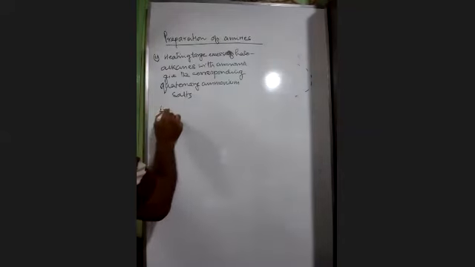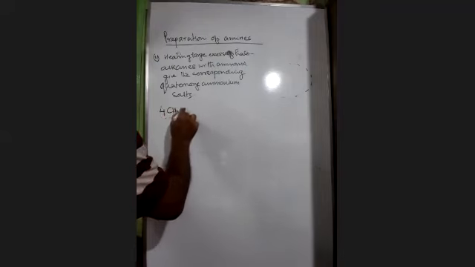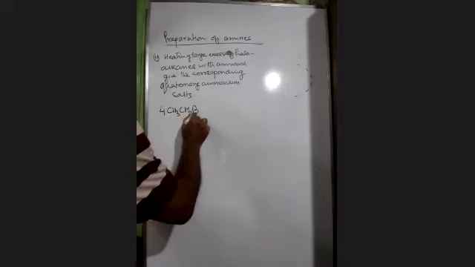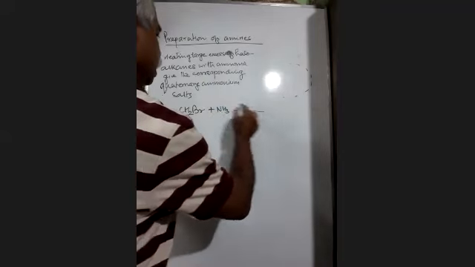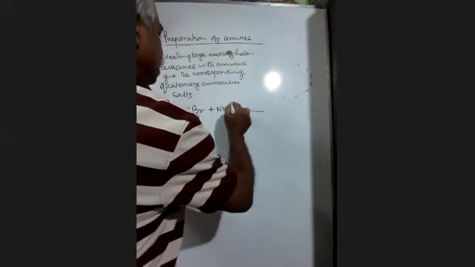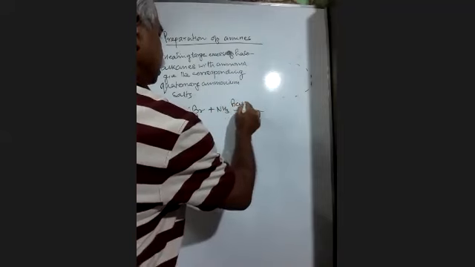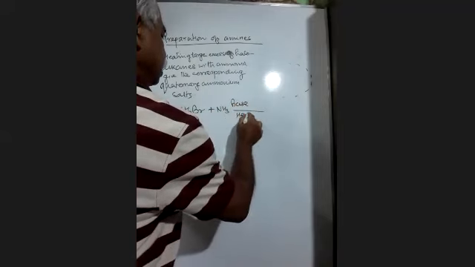Okay. So right now here, 4 CH3CH2Br plus ammonia, then base, then heat.